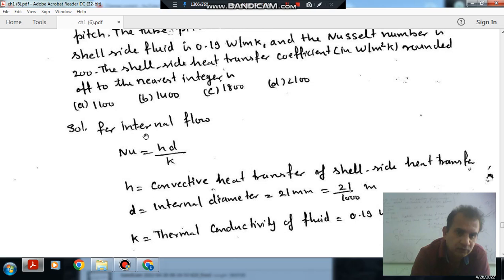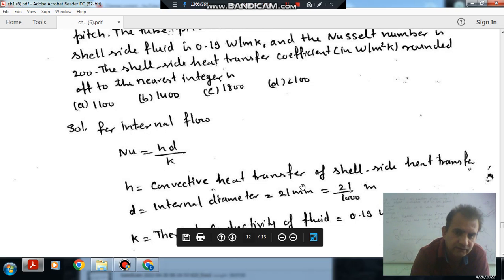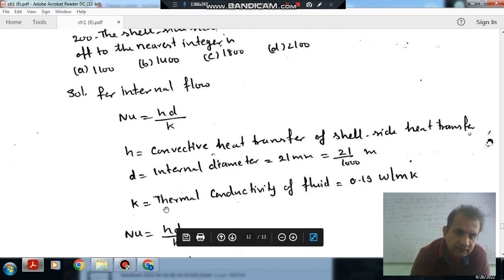For the internal flow, Nusselt number is HD by K. H is the convective heat transfer coefficient of the shell side, D is the internal diameter, that is 21 by 1000, and K is the thermal conductivity of the fluid, that is 0.19.